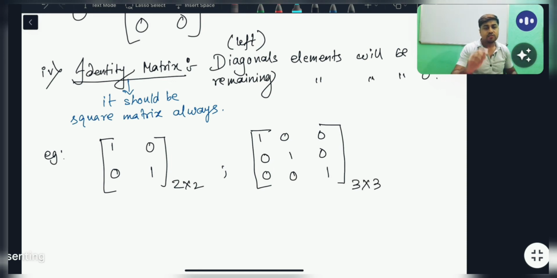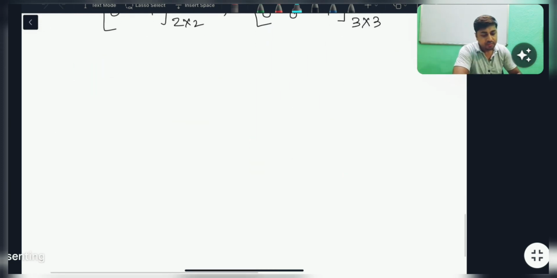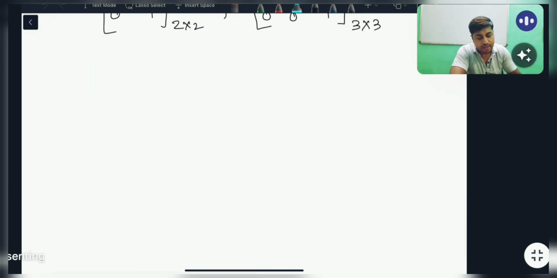That is called identity matrix or unit matrix. Now we are coming to notation of matrices.